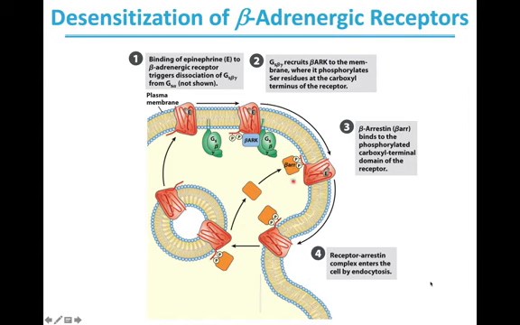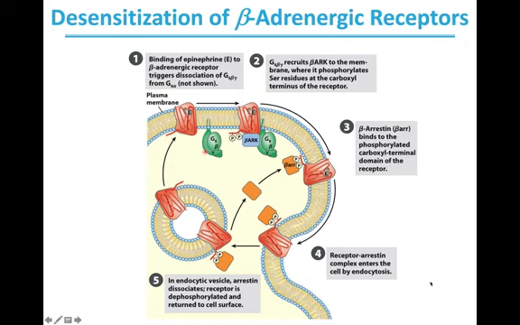It is sequestered via endocytosis into small intracellular vesicles called endosomes. So the arrestin receptor complex recruits clathrin and other proteins involved in vesicle invagination, leading to the formation of endosomes containing the adrenergic receptor, as you can see here. In this state, the beta adrenergic receptors are inaccessible to epinephrine because epinephrine cannot enter the cell membrane, and the beta adrenergic receptors are no longer on the cell membrane.